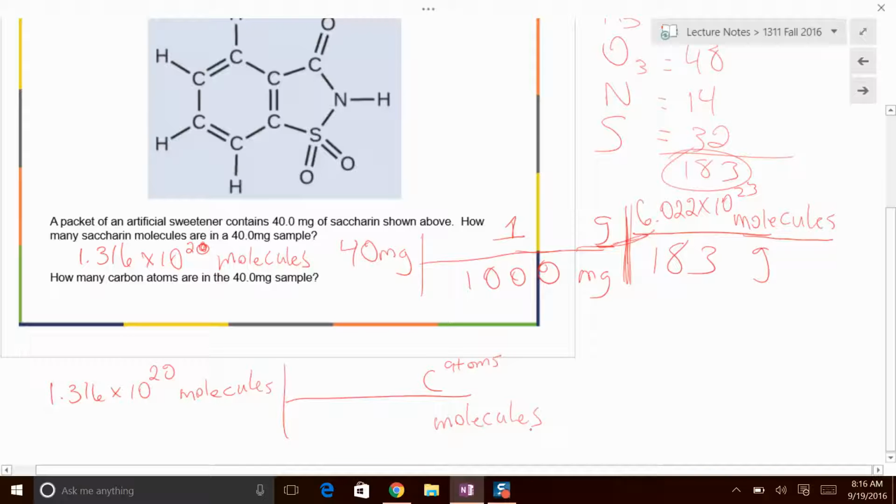What's the relationship? How many carbon atoms are there in a molecule? 7. There you go, 7 carbons in one molecule. So we already know the molecules. Now I just need to know how many carbons are in every one molecule. So that number times 7, basically. That's all I have to do. So what is that?